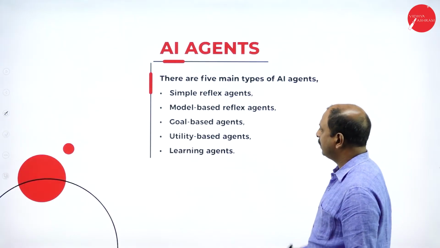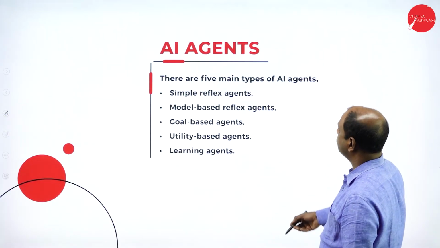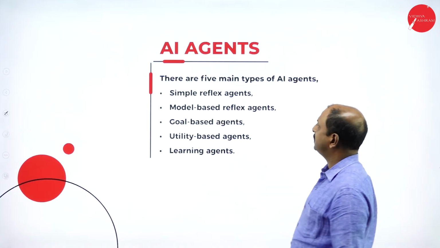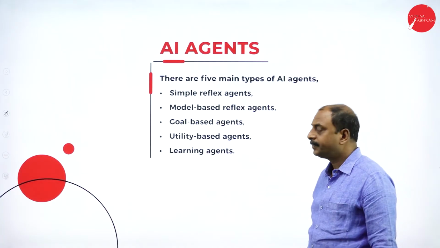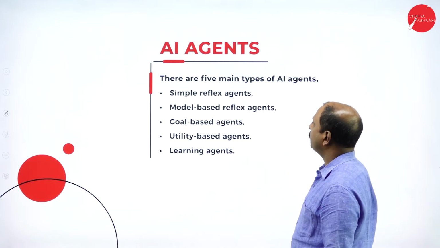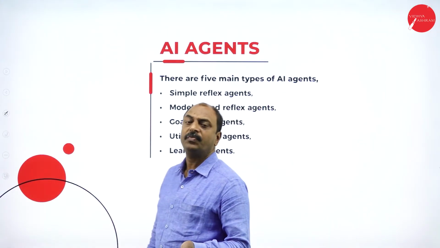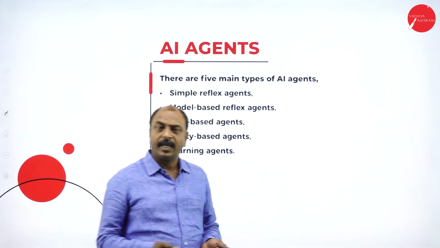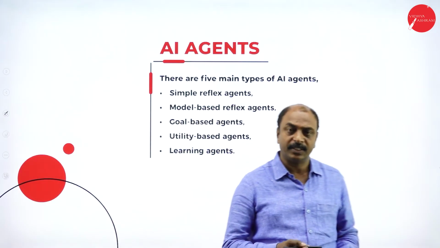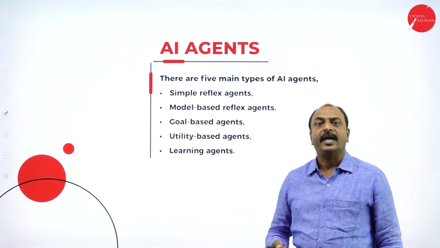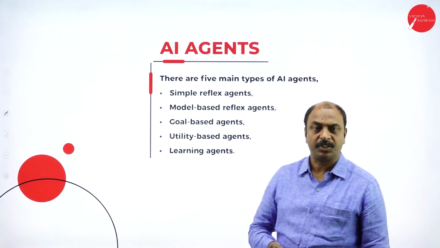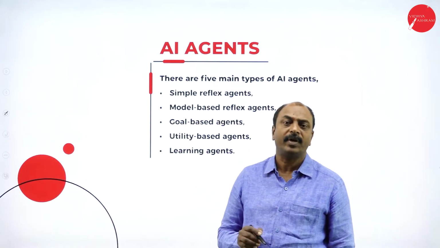In the next slide, let's start with the concept of AI agents. Before that, we will see what the different types of agents are. Agents are nothing but a part of an AI system. They have components like sensors and actuators, and work based on certain decisions or the input from the environment.